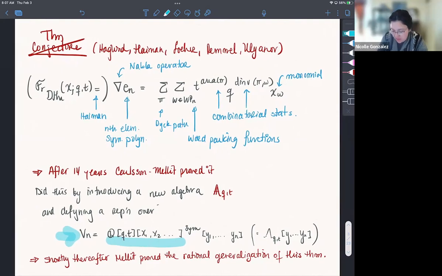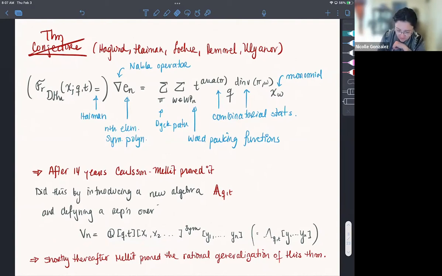And I should mention, because this will be relevant at the end of the talk, that there is a rational generalization of this known as the rational shuffle conjecture, where instead of taking the action of the nabla operator, there's another operator that shows up.